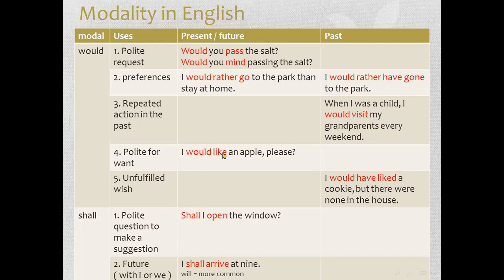In polite for want, there is no past form either. And shall is given with two meanings: polite question to make a suggestion, like Shall I open the window? But there is no past form of it. It has a future meaning with I or we: I shall arrive at nine. Will is more common. But there is no past form of shall.